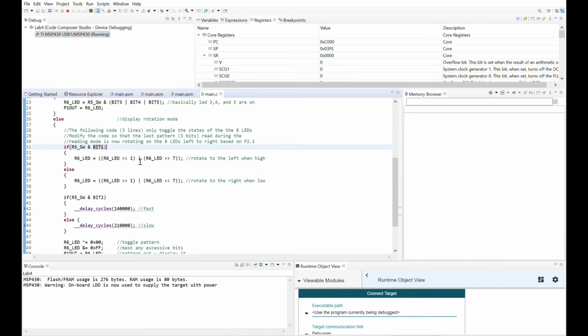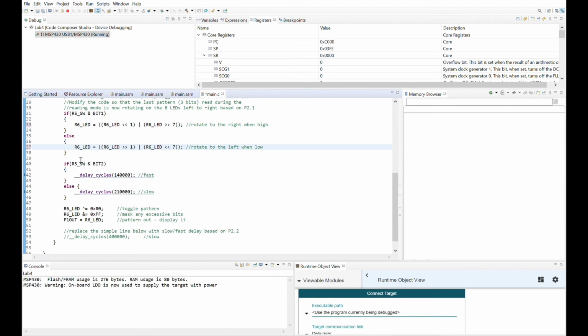Oh no, I'm sorry. This is actually going to rotate it to the right. I thought something was funky. And this is going to rotate it to the left. So when it's high, it's going to rotate to the right, and when it's low, it's going to rotate to the left. And we saw how that worked in the previous part of the video.